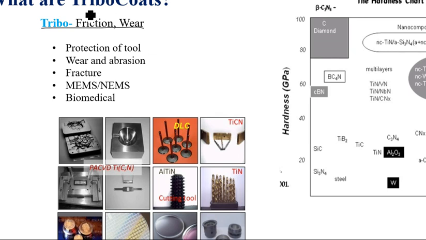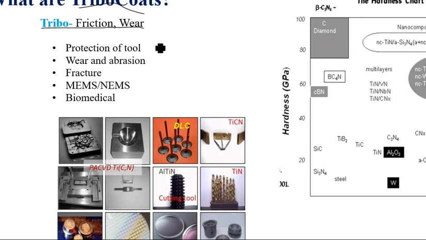Now, when we talk about tribo coats, we're talking about tribological coatings. These tribological coatings are mainly there to protect the surfaces from the interactions that are taking place, right?